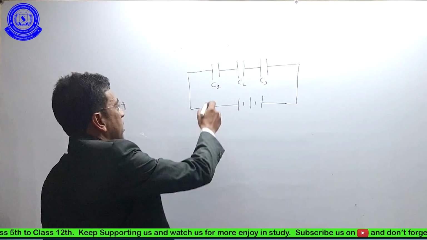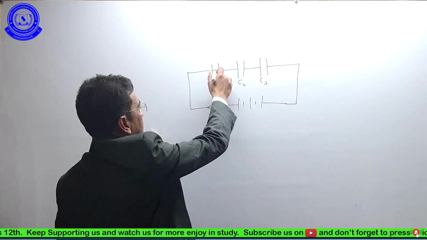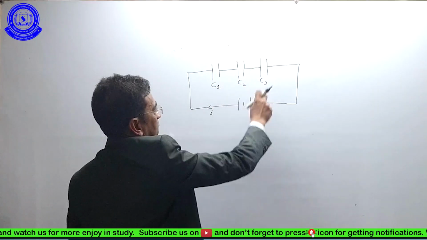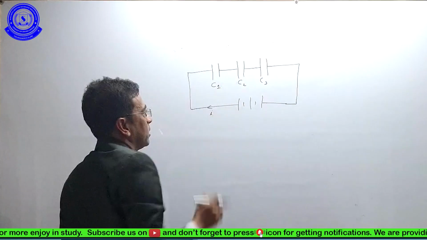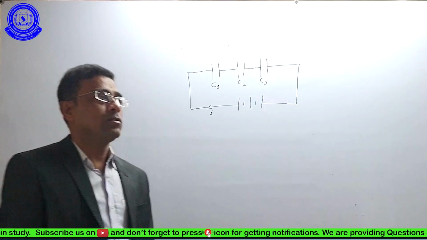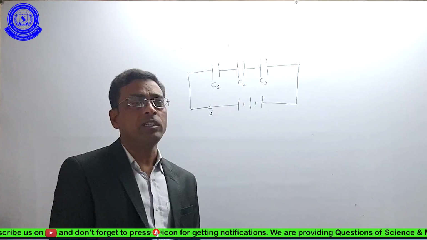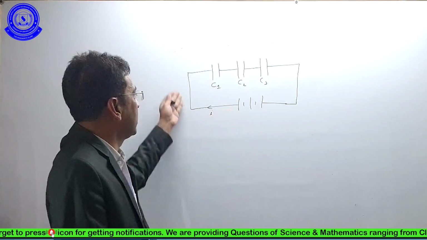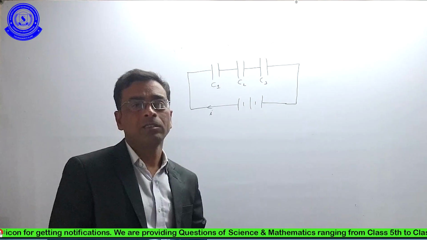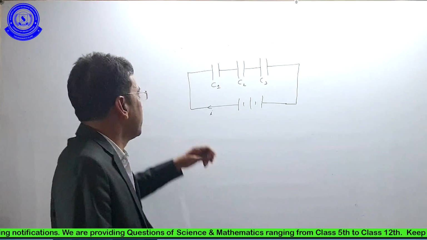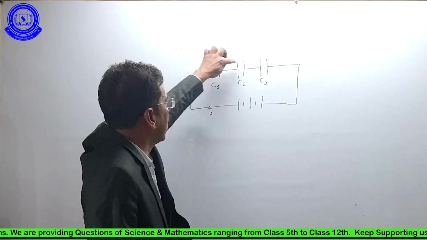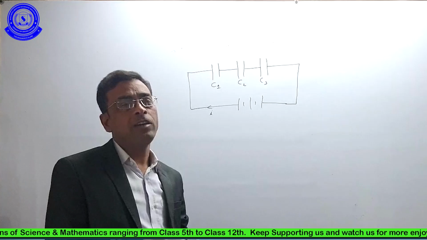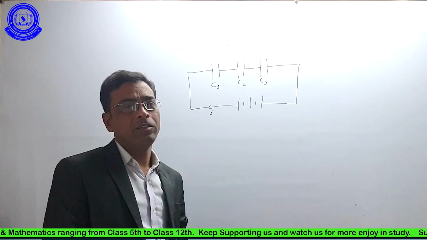As students, we look here, there is a free space, and here we also have a free space. So there is a doubt: if we have a free space, how can we see the circuit is closed? If the circuit is broken here and here, how can the current flow?